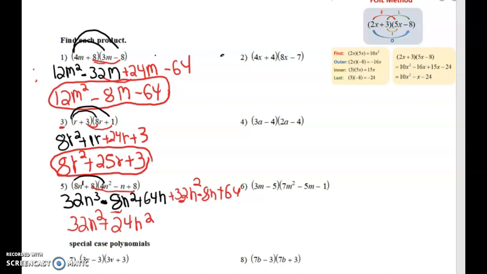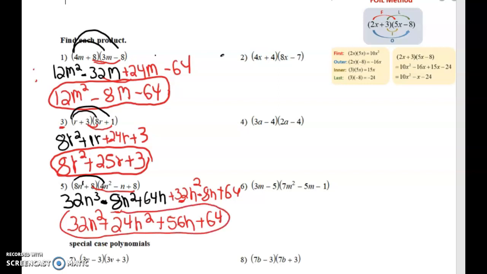You'll notice I'm going in order. 64 positive, right? Negative 8. That would give me a positive 56n. And then I got my lonely constant here, which doesn't have anybody to combine with. And this should be my final answer.